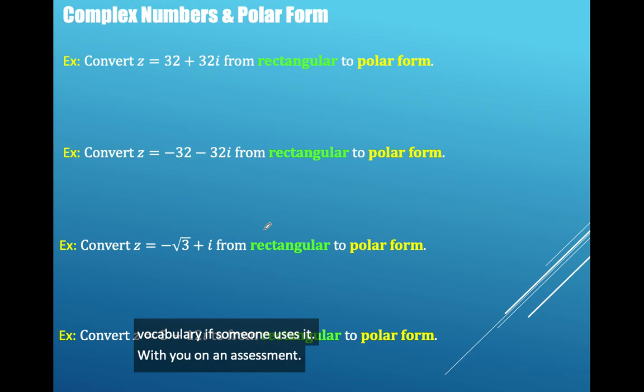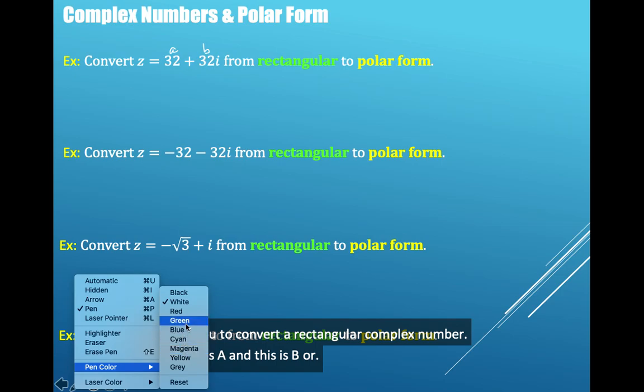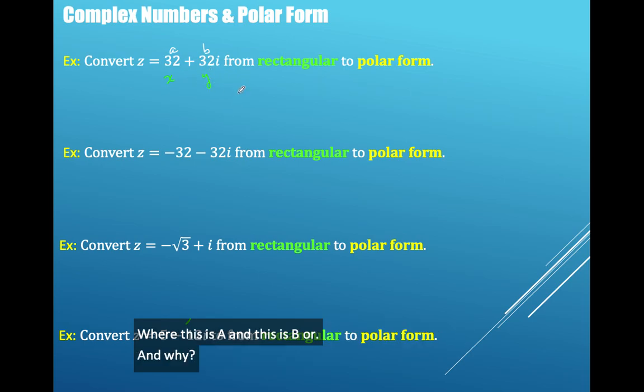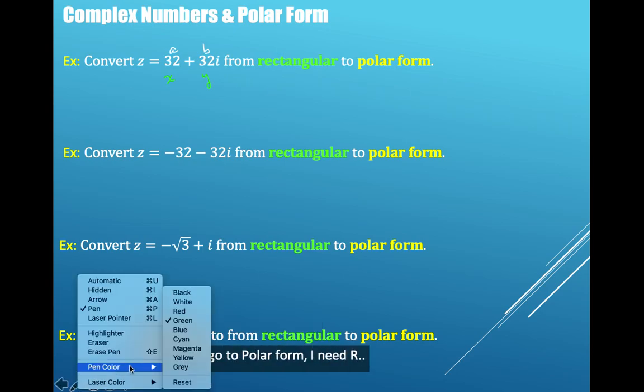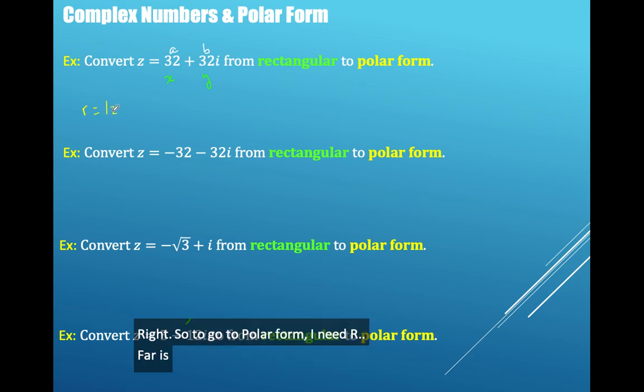All right, so let's look at these. I want you to convert a rectangular complex number, where this is a and this is b, or x and y, right? So to go to polar form, I need r. r is the modulus of the complex number.